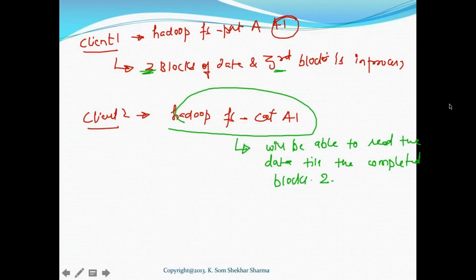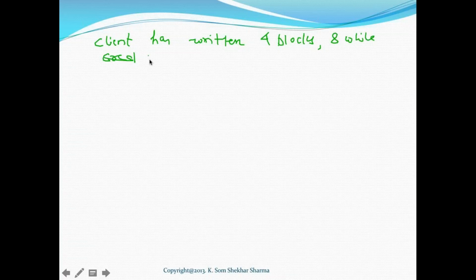That's one thing. The second, let's say the client has written 4 blocks, and while writing the 5th block, the client dies.